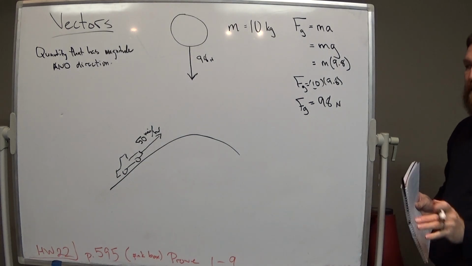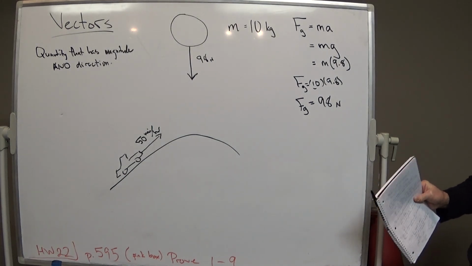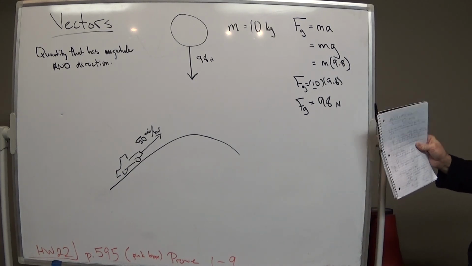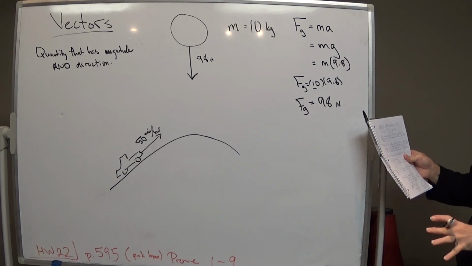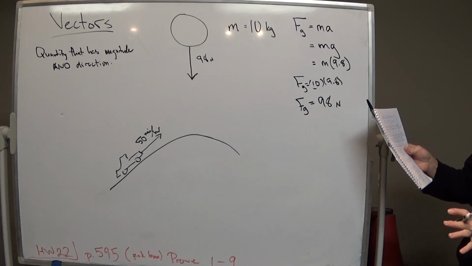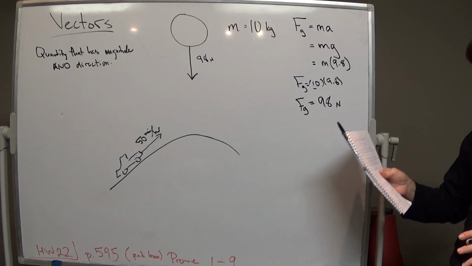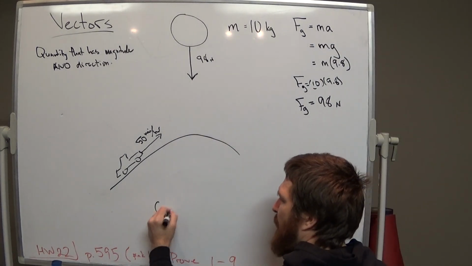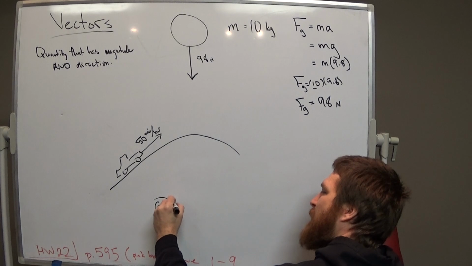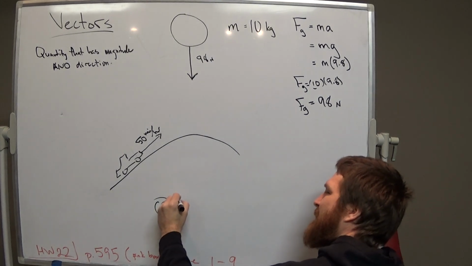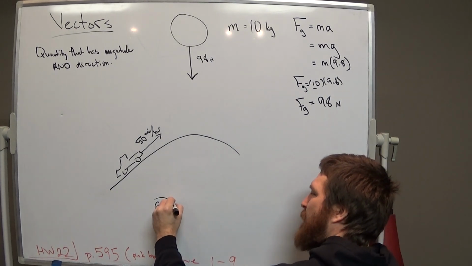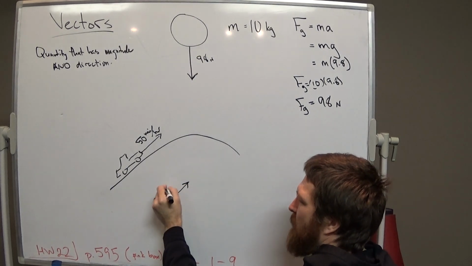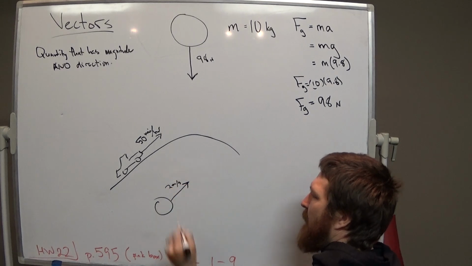So we've already been dealing with this for some time, but we haven't really discussed what this is and how to deal with vectors. So let's say I have a ball and I throw it in a certain direction. Let's say I throw it at like 45 degrees this way, at 2 meters per second. I would draw this right here corresponding to 2 meters per second.